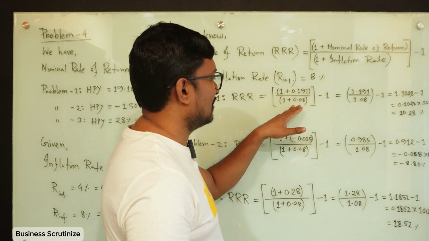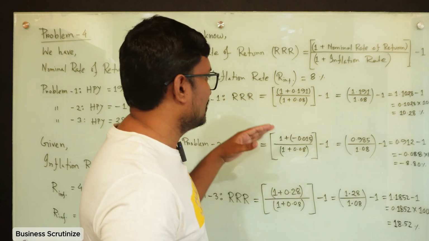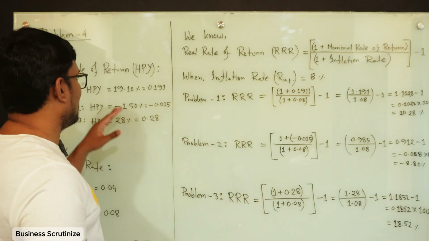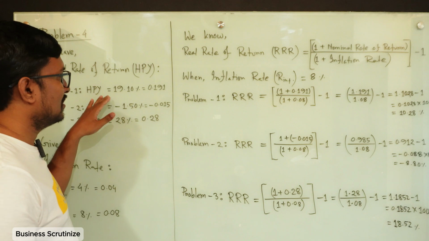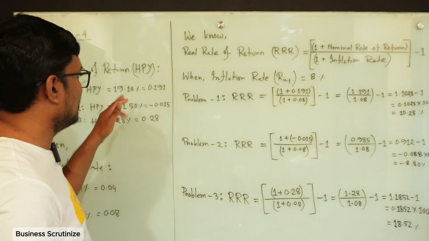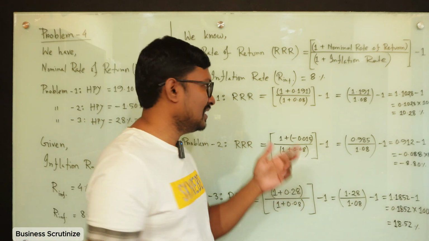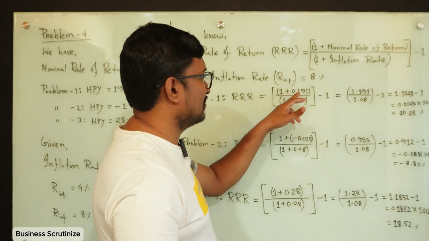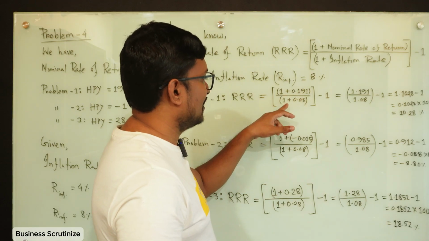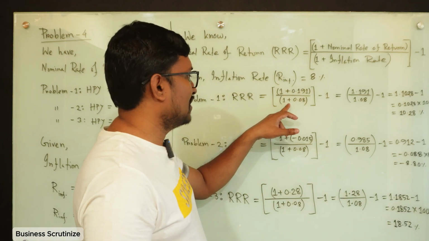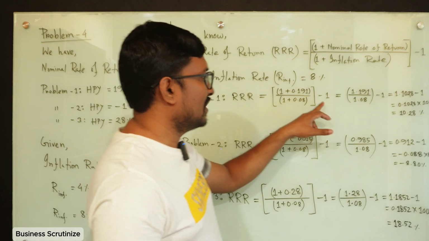For problem number 1, the nominal rate of return is 19.1%, so 1 plus 0.191 divided by 1 plus 0.08, minus 1.